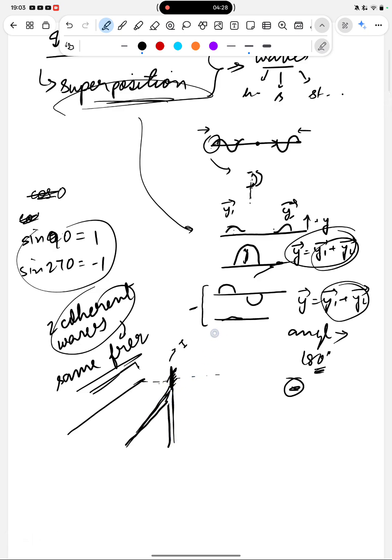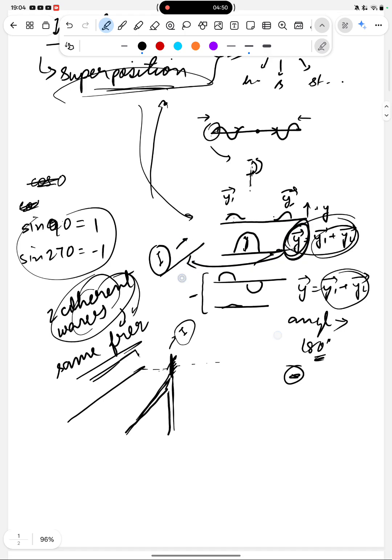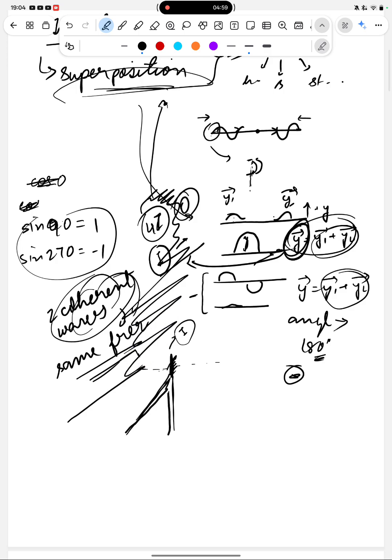Because what is interference? Okay, I was explaining that, maybe I didn't explain that clearly. Two coherent waves of the same frequency traveling in the same direction superimpose on one another, then the intensity of the resultant wave, that is the vector sum, as we learned, becomes maximum at some point and minimum at some point. So that is what interference means.